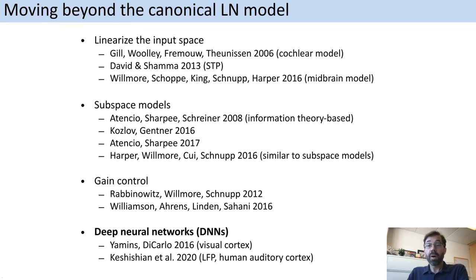One class of model that has grown very popular recently in a number of different applications is a new machine learning approach called deep learning, or using deep neural networks to model these responses. These models have been developed and applied largely in the visual system so far, with a little bit of work done in the auditory system as well. And the question here today is, can we use these approaches to describe the activity of single units in auditory cortex?